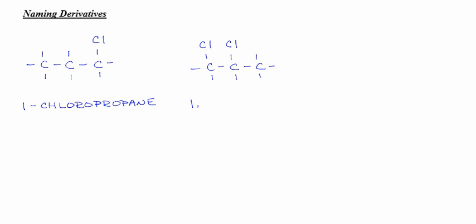So this is 1,2-dichloropropane. Comma between numbers, dashes between numbers and words.